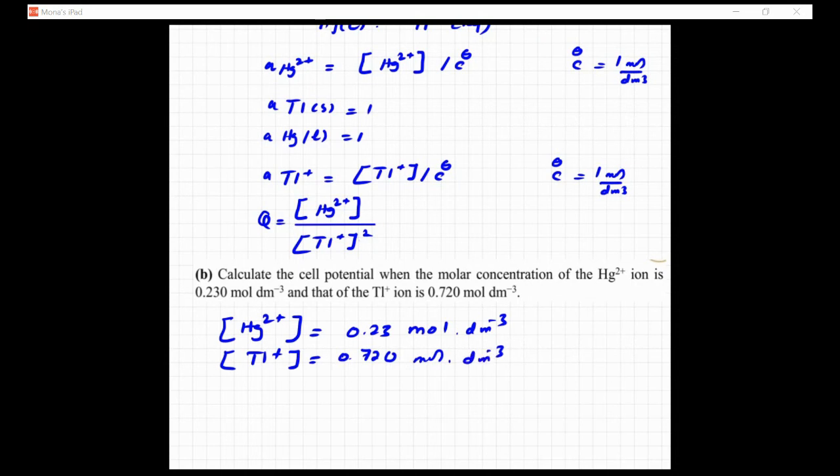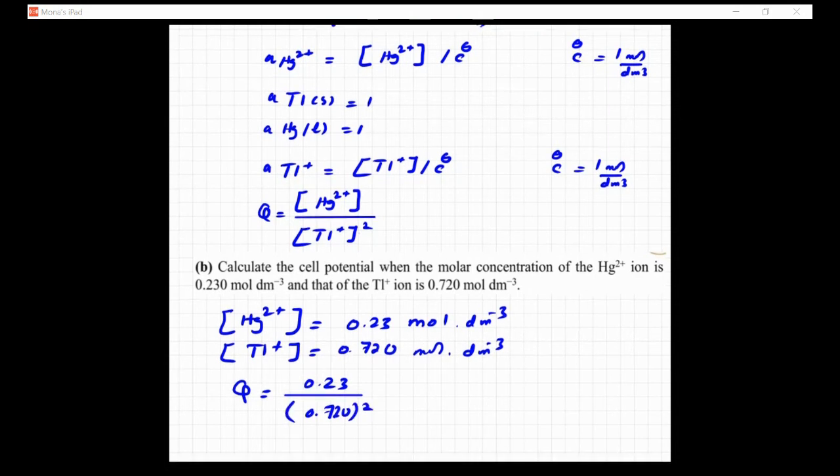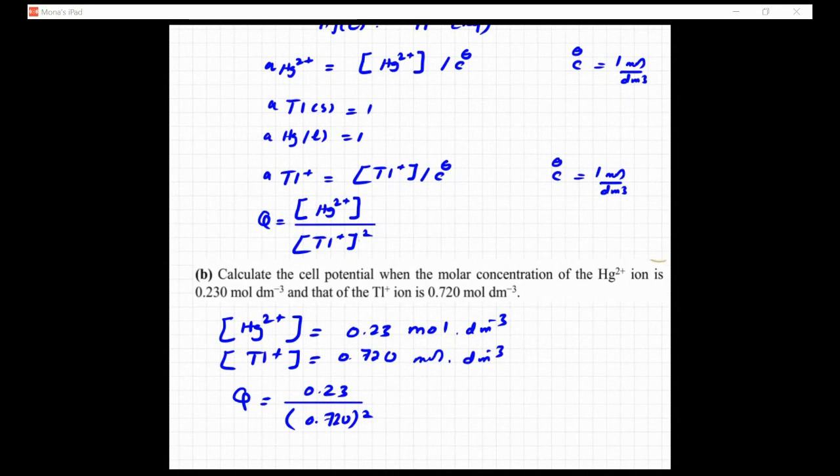So we can calculate the quotient. The quotient is going to be equal to 0.23 divided by 0.720, all squared. After that, we have to put it in the Nernst equation.